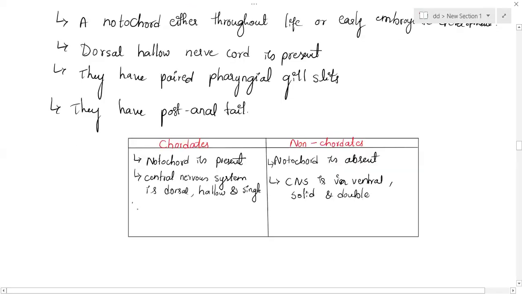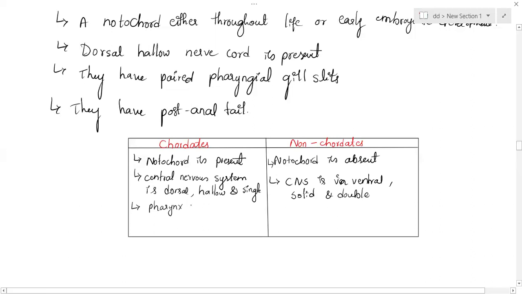Next character, the pharynx. Perforated means there are so many holes, like in a plate. So we call that perforation.